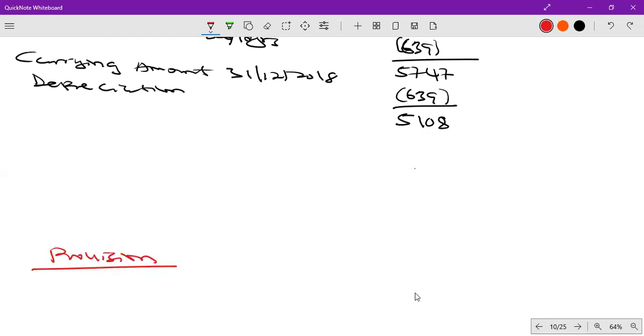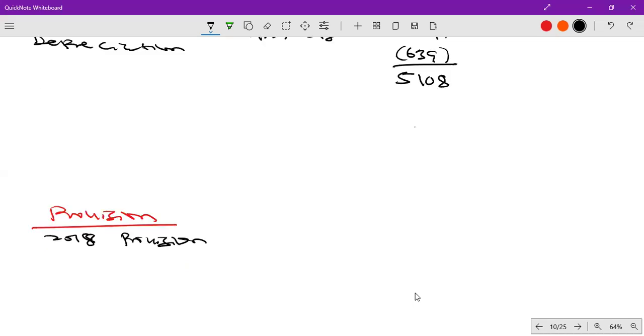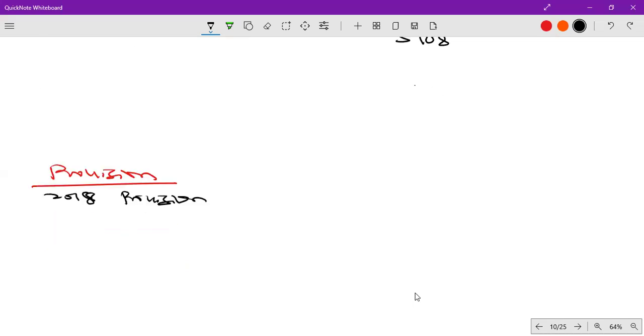Provision. What will be the provision in the first year, 2018? 386. Please pay attention here.